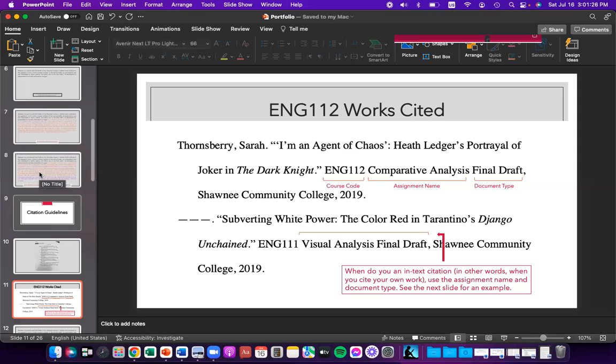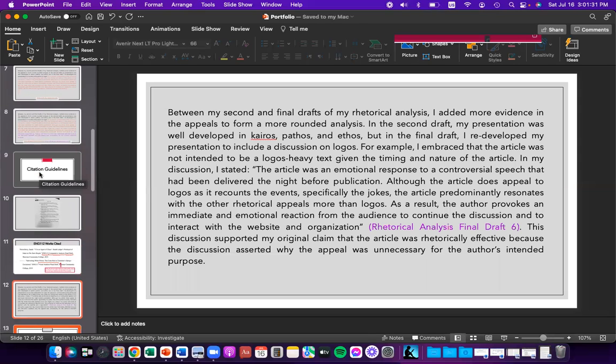That's what you would do. And then to do an in-text citation, you would do the essay, the draft, and the page number. Rhetorical analysis, final draft, because you could be citing your second draft, and the page number 6.